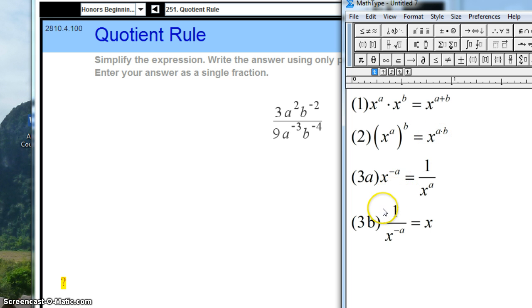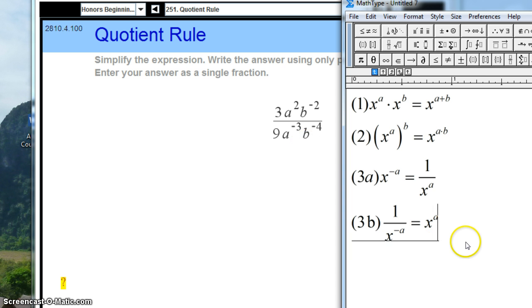And we're going to need these rules here, so 3a and 3b, and these are the same rule, just kind of backwards. So x to the negative a equals 1 over x to the positive a. You can just rewrite all negatives as positives on the other side of the fraction. And similarly, if you have x to the a on the bottom, you can bring it on the top. Oop, I didn't have an a here. That's missing. Okay. So again, that's the rule.